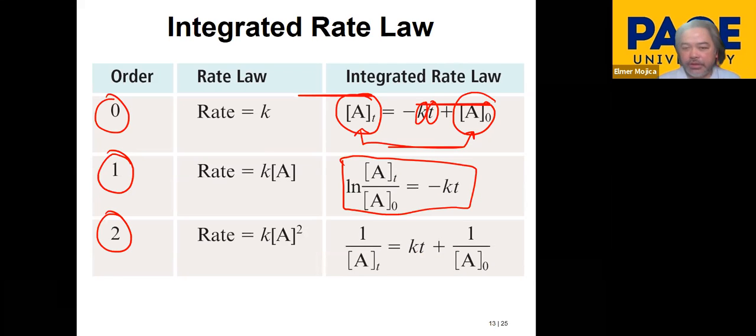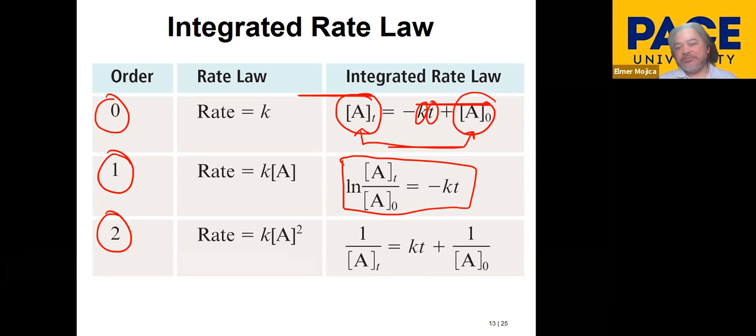Now, this is very important: depending on the order, there are different equations that you are going to use for the integrated rate law. Just remember, integrated rate law is the equation that you use if you want to determine the concentration after a certain time, or whatever information you want given the other information.